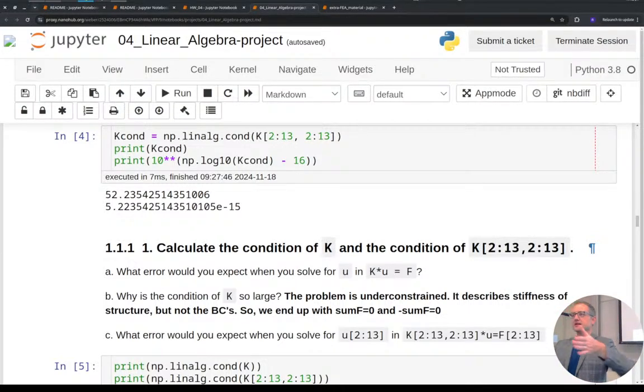Here we've got a nice case where only the first and last nodes have boundary conditions, but we can apply them anywhere we want. So with boundary conditions, there's one solution. With no boundary conditions, there's infinite solutions. So condition number is very high.